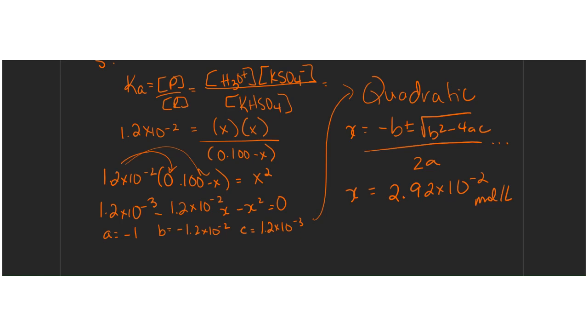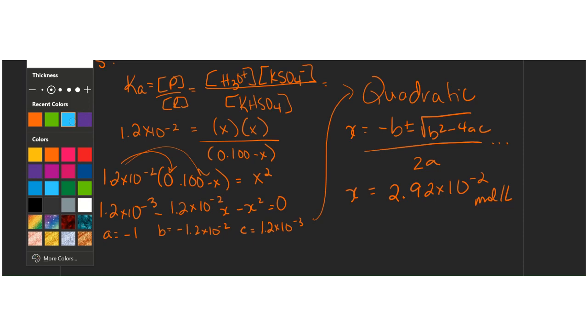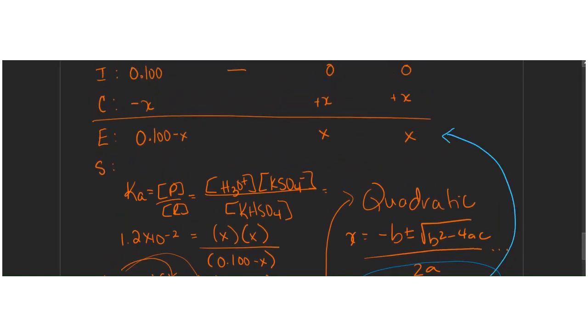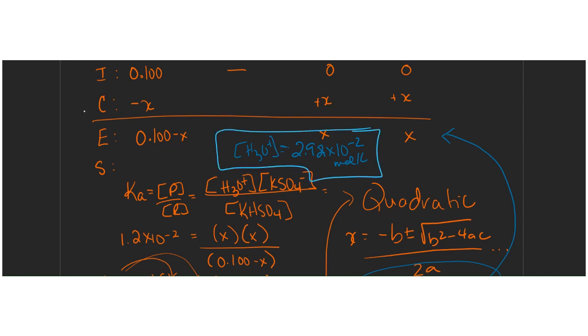After that, what do we do? Substitute back in. This number goes all the way back here. And really the question is only asking for the hydronium ion concentration. So I technically only have to state that, right? That would be my final answer.